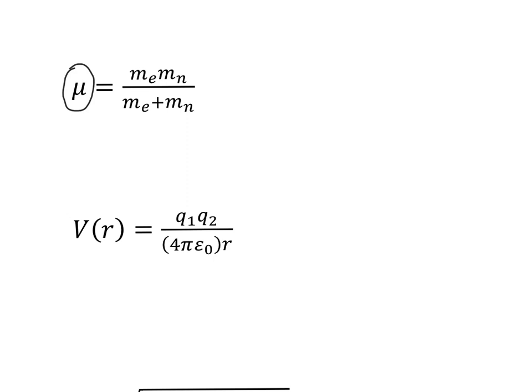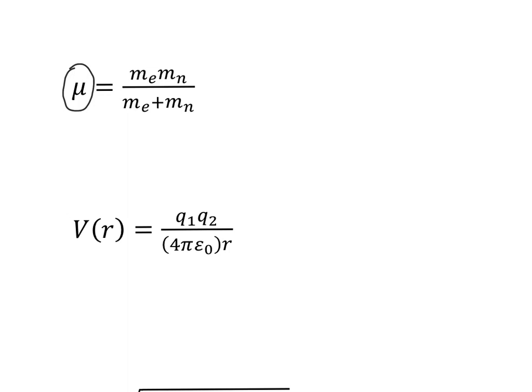In this formula, m sub e is the mass of the electron, and m sub n is the mass of the nucleus. However, because the electron mass is so much smaller than the mass of the nucleus, which in the hydrogen atom is a proton, between 1 and 2,000 times heavier than the electron, the reduced mass is almost equal to the mass of the electron.